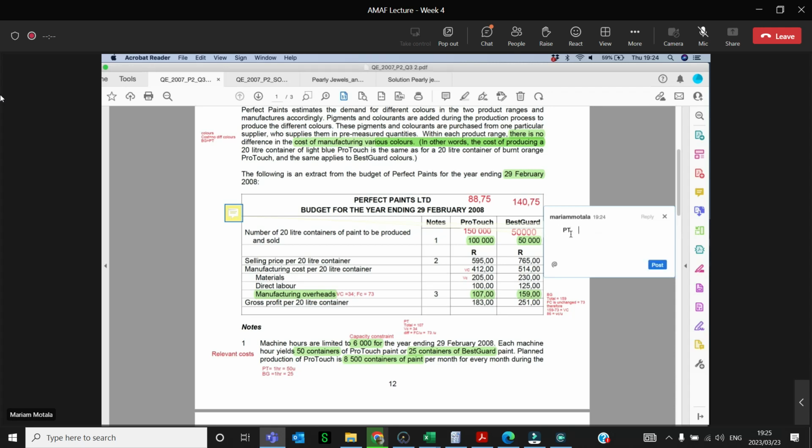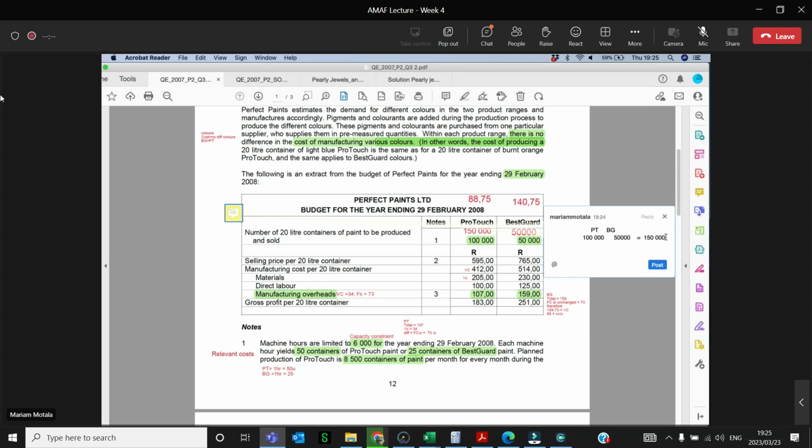There's ProTouch and there's Best Guard. If you look at the current, they've got 100,000 units of ProTouch, and they've got 50,000 units of Best Guard. The total is 150,000 units. So we're looking at the units being produced.